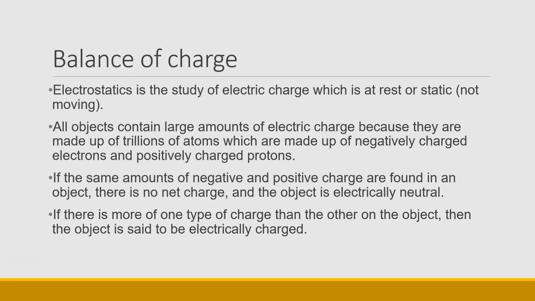But remember that those other 1,000,000,000,000 electrons and protons have cancelled each other out. So when we look at the charge of an object, we are only looking at the charge that is in excess or in deficit. We're not looking at all the electrons and protons on the object that are cancelling each other out.